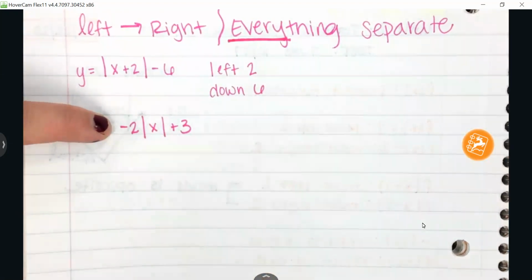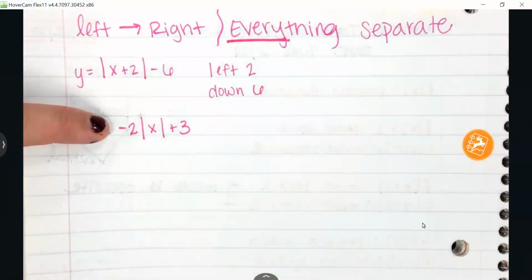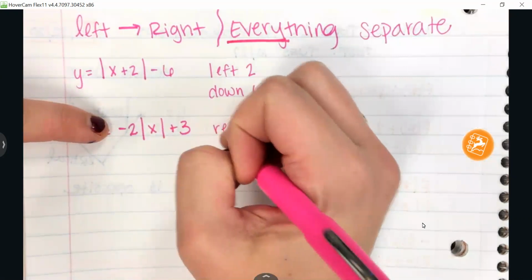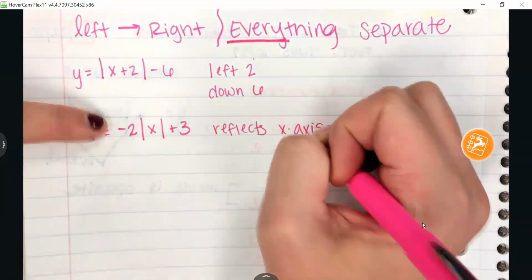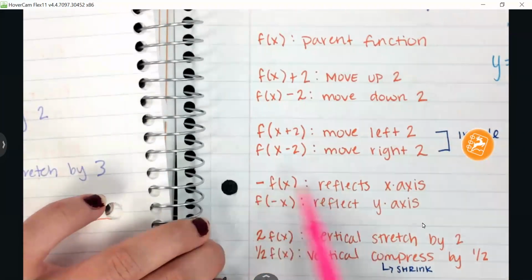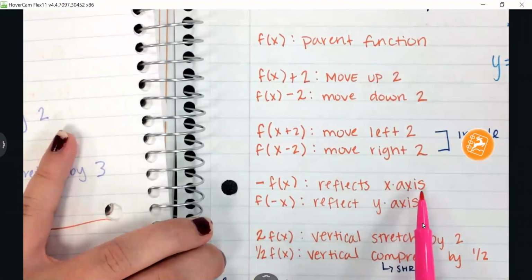That negative is on the outside. If I am outside, I am moving up and down. What axis am I jumping over? The x-axis. So that negative means that it reflects the x-axis. It also told us in our notes right here. Negative on the outside reflects the x-axis.